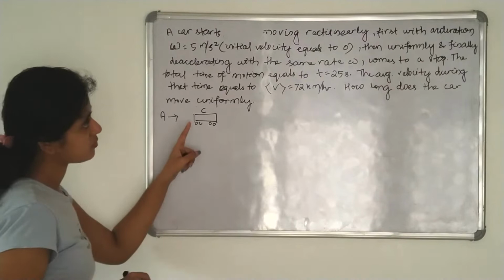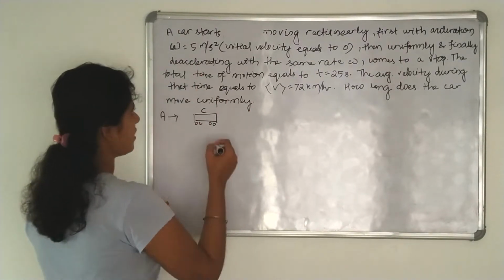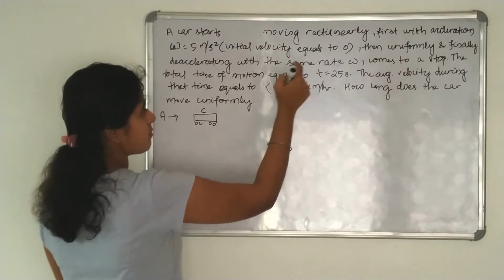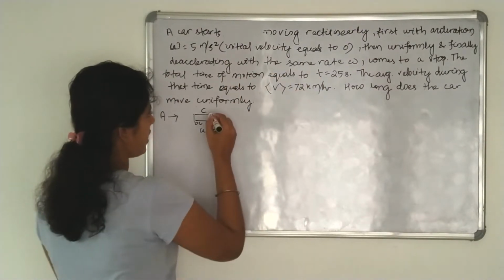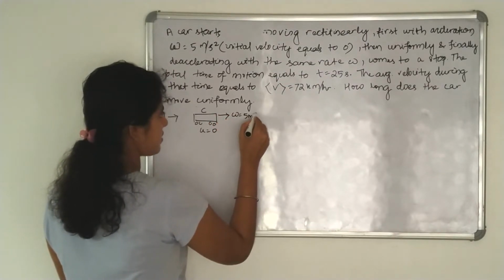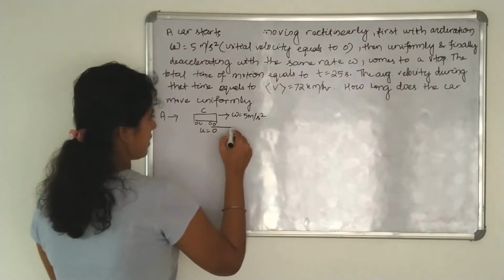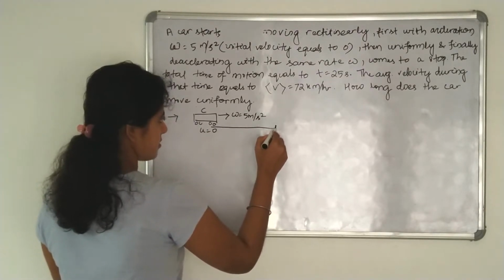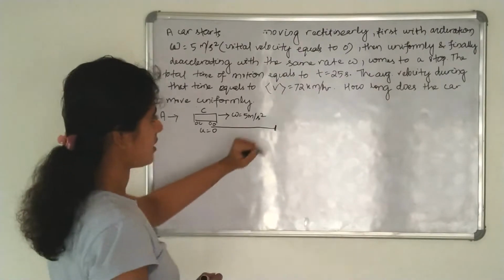Its initial velocity is 0 and it starts moving with acceleration 5 meter per second square. It keeps moving up to some distance with acceleration omega equal to 5 meter per second square, then uniformly.